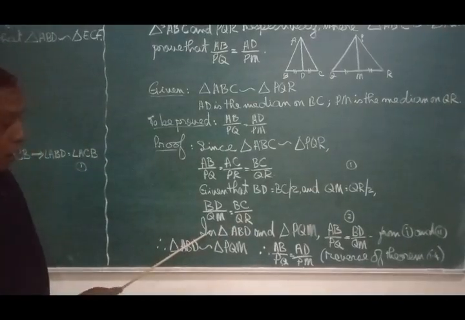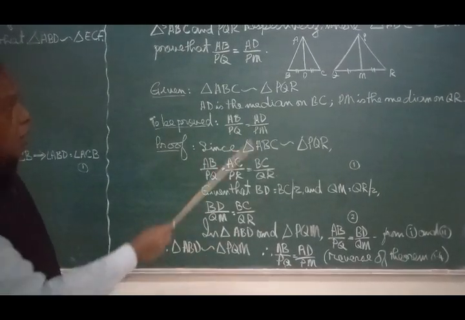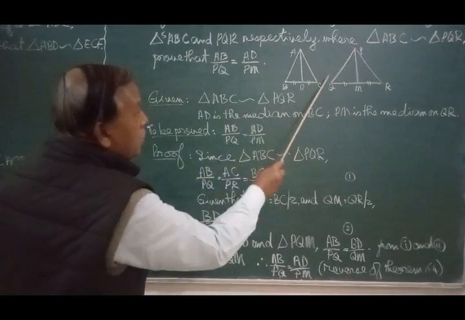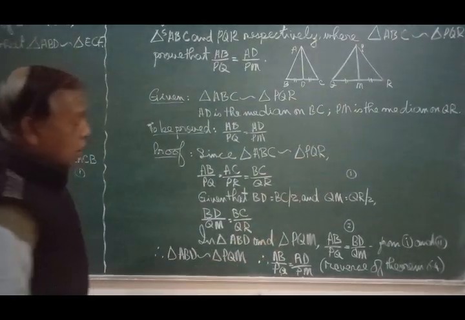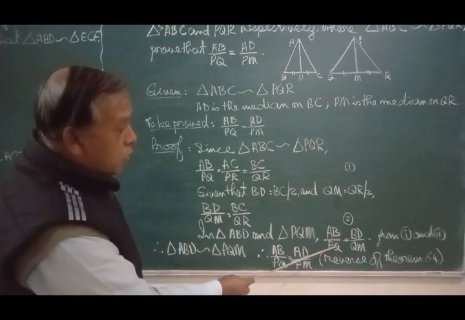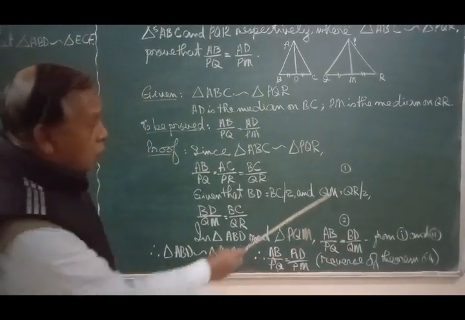And therefore, in the triangles ABD and PQM, now you take ABD and PQM. Immediately we find that AB upon PQ is equal to BD upon QM from 1 and 2.